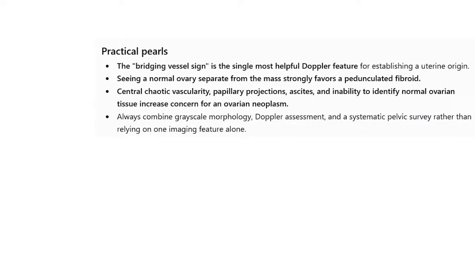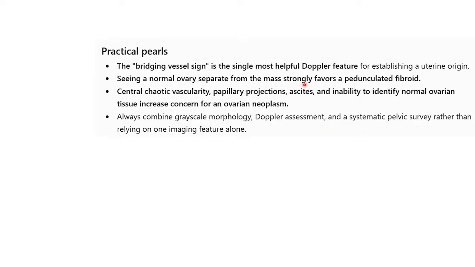Ladies and gentlemen, these are the final practical pearls for this presentation. The bridging vessel sign is the single most helpful Doppler feature for establishing uterine origin.